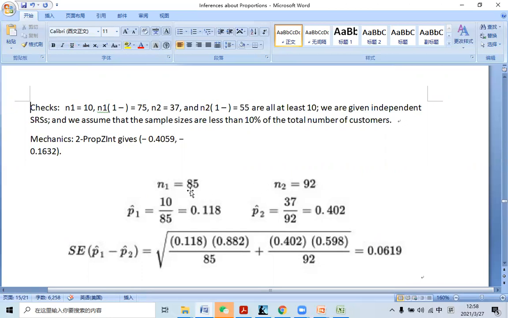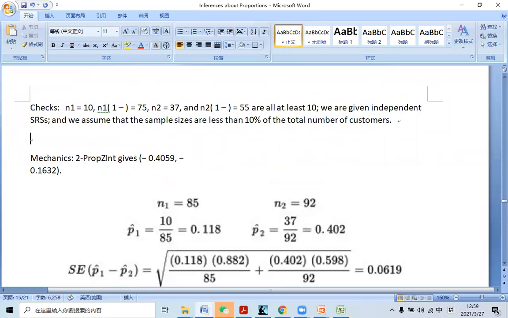You want to check N1 times proportion 1. What is N1? N1 is 85 times P1, 0.118.